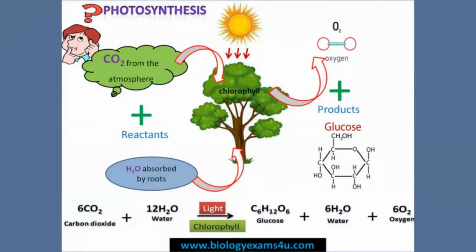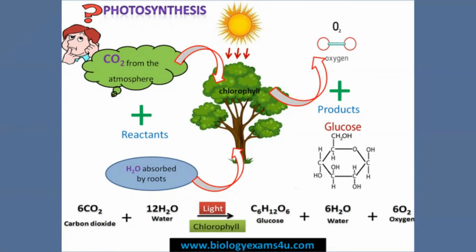So, photosynthesis. Basic lang yung reaction ng photosynthesis. Yung carbon dioxide from the atmosphere will be added with the water, or the reactants. The water is absorbed by the roots.